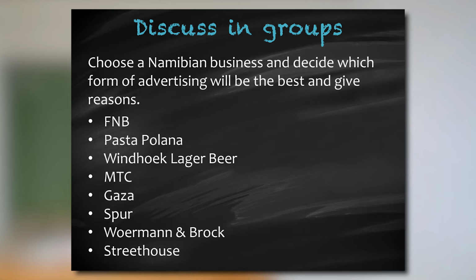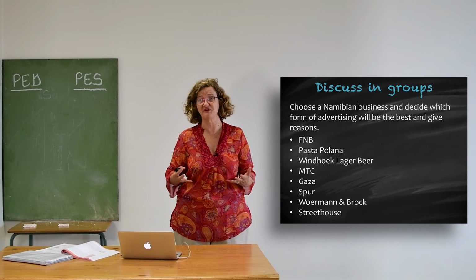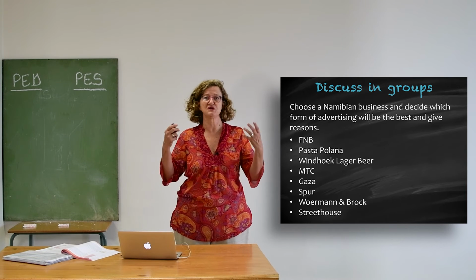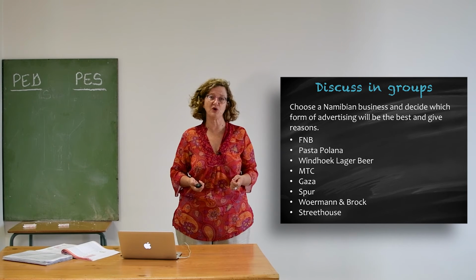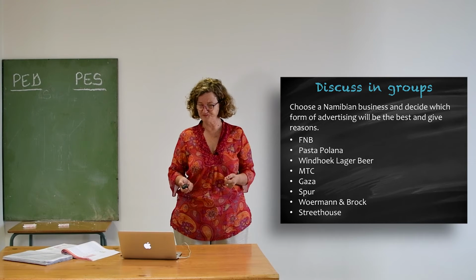So I have discussed MTC now, but if you, for example, take a bank such as Bank Windhoek, or you take Pasta Pulana, or you take Windhoek Tafellager, then discuss what you think are the 3 best forms of advertising that they can use and give reasons why you think that.